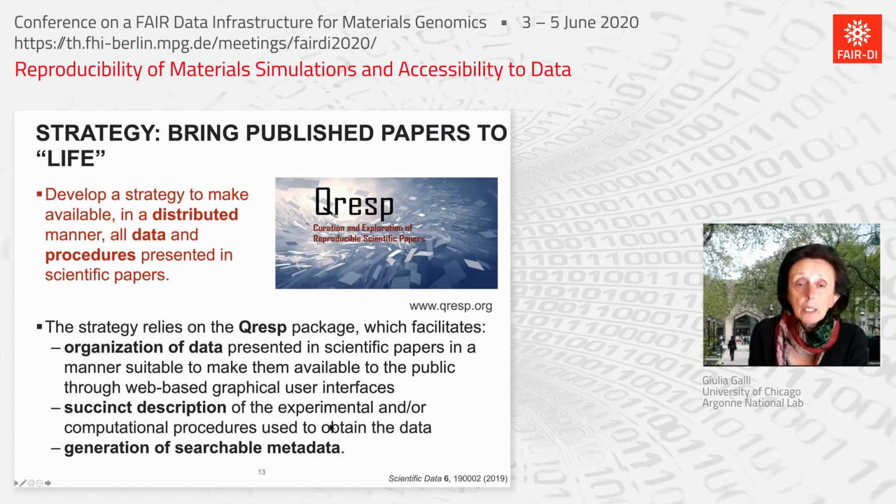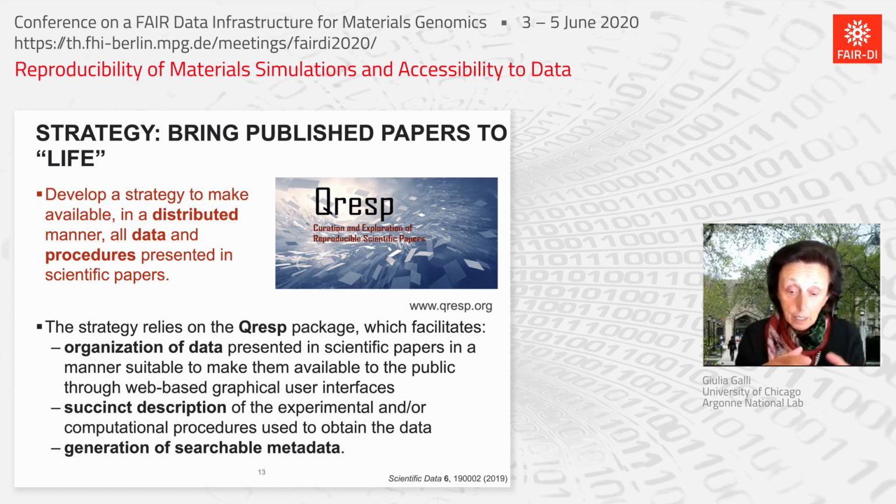So let me go back to my second slide now and tell you what we did, or what we attempted to do rather. This is a very, very new product, Qresp. Qresp is a graphical user interface which is meant to facilitate the organization of data presented in a scientific paper, give a description and guide you through the generation of a workflow, and at the same time generate searchable data.